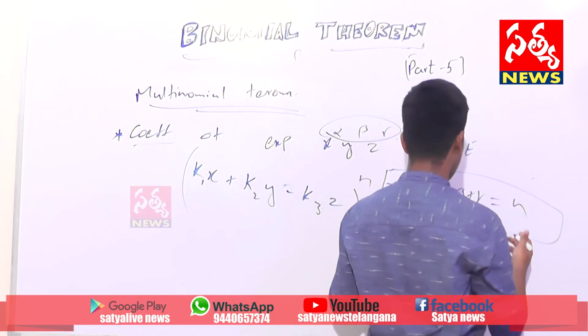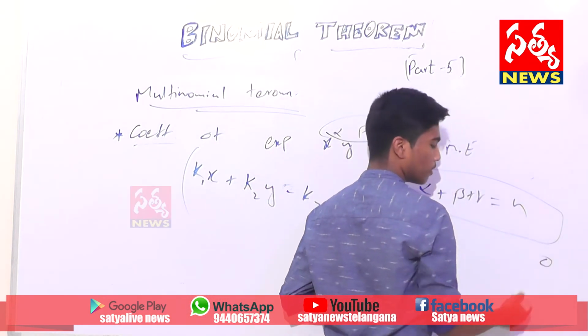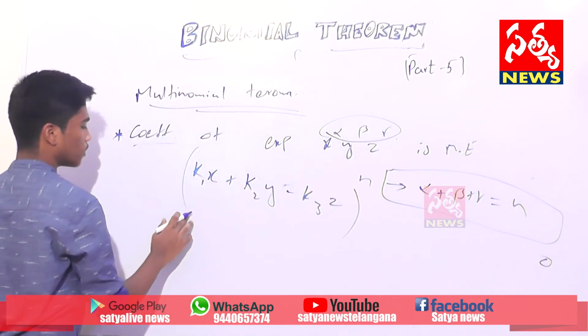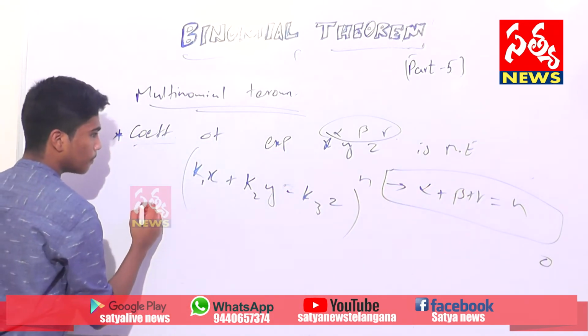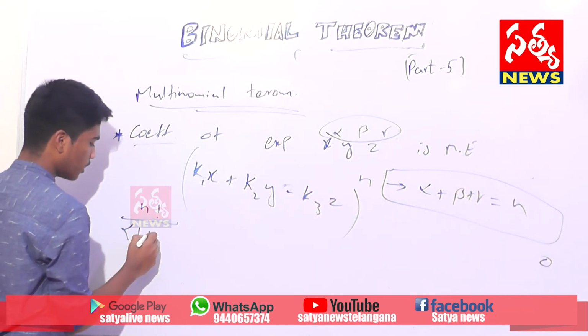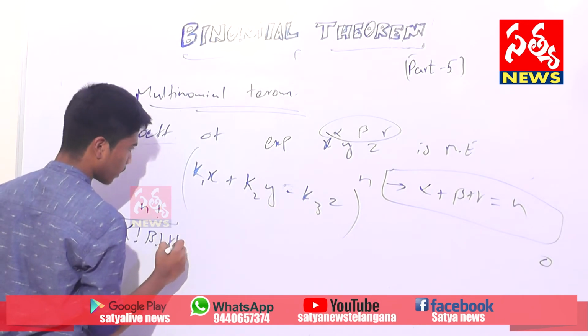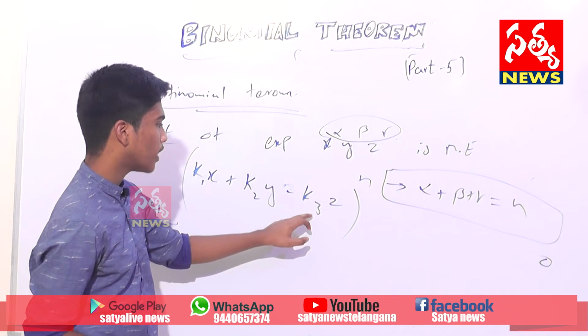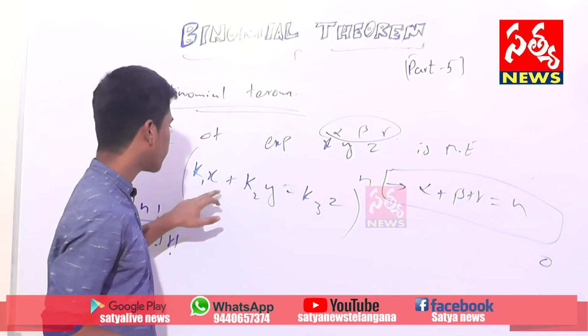If this is not satisfied, then the coefficient will become 0. And if it is satisfied, then the coefficient will become n factorial by alpha factorial into beta factorial into gamma factorial. And the extra we get is that k1, k2, k3 are the coefficients of x, y, z.